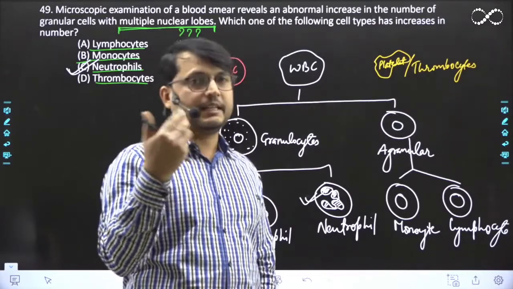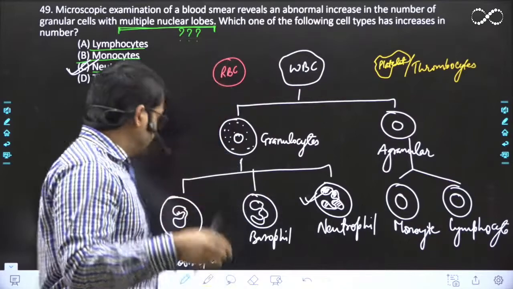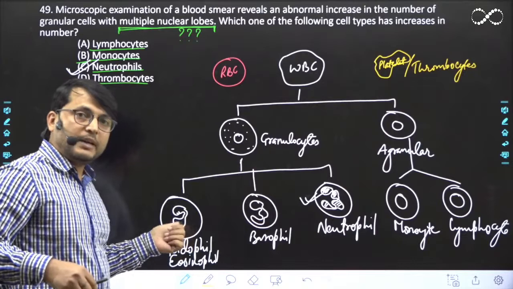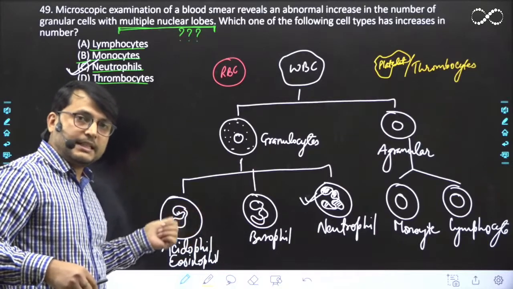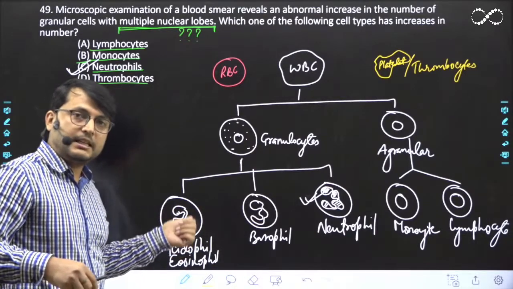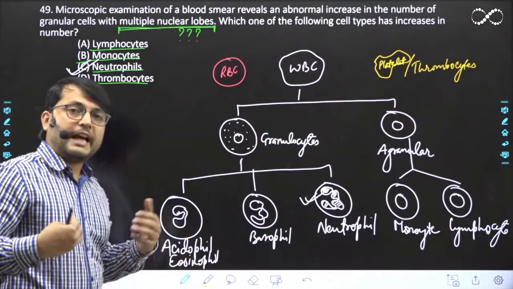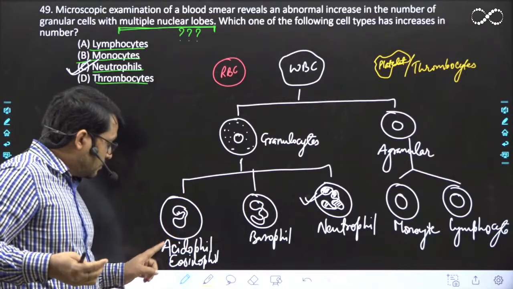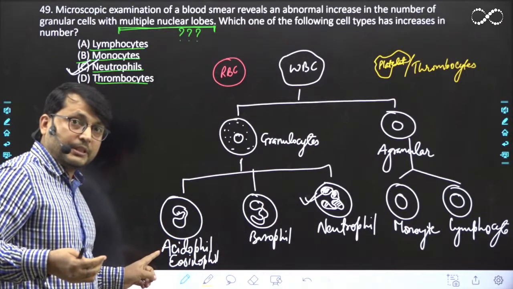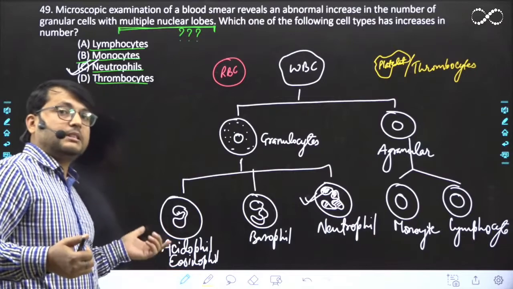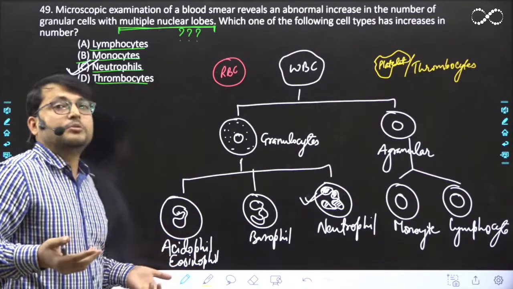That could be acidic dye or basic dye, okay? If the granules bind to acidic dye, they get stained by the acidic dyes and will appear red. Because of their affinity with acidic dye, they are known as acidophils. One example of such acidic dye is eosin. That's why these cells are also known as eosinophils.